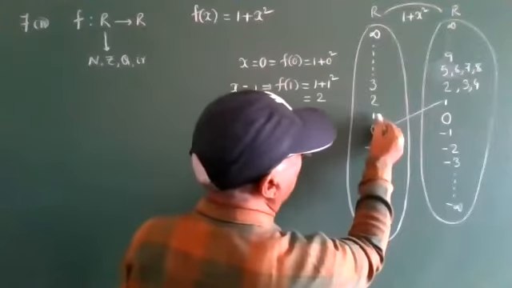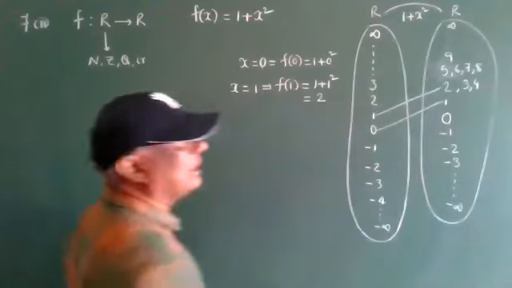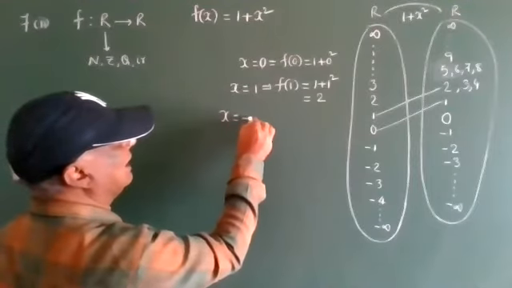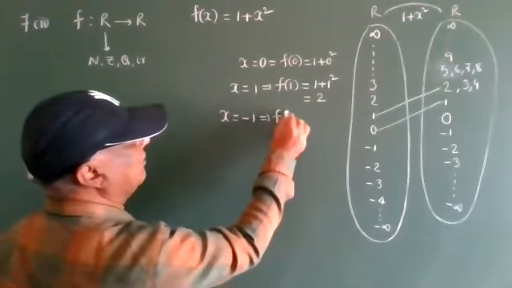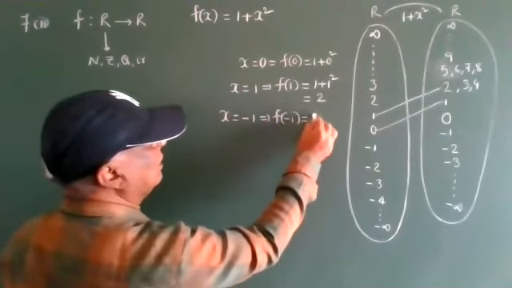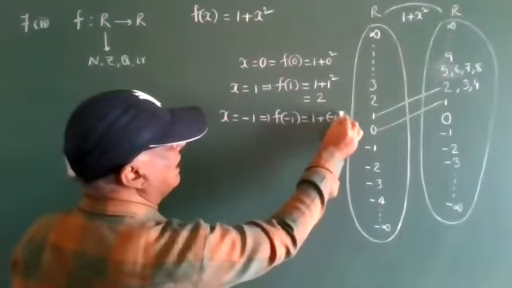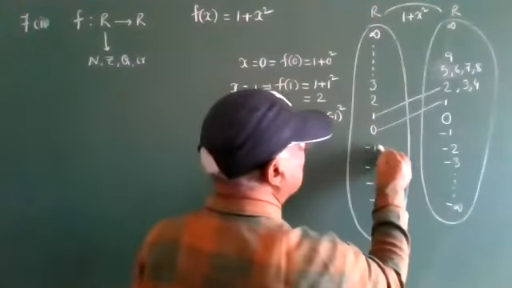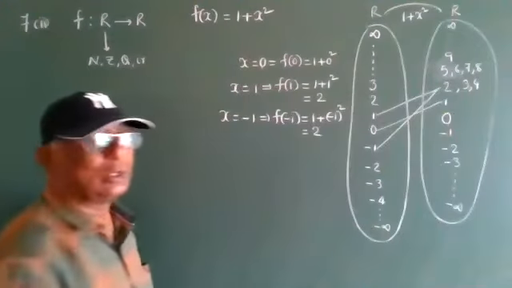For x equal to -1, f of -1 is equal to 1 plus (-1) square. Its value is also 2. So -1 also gives 2 only.